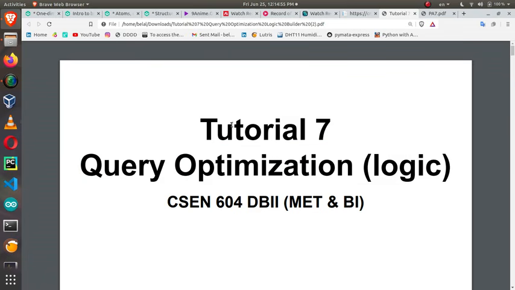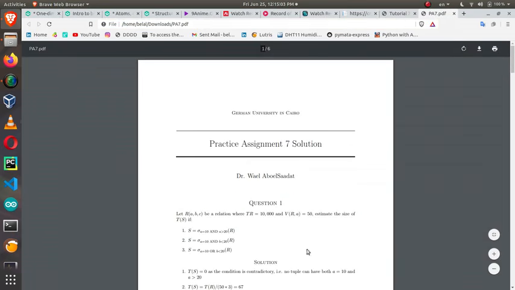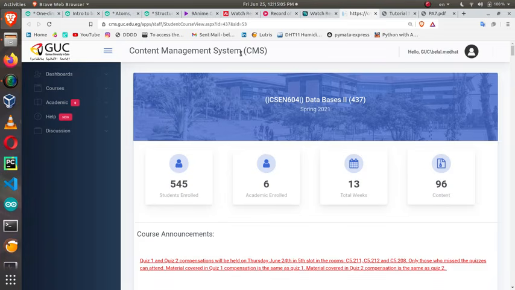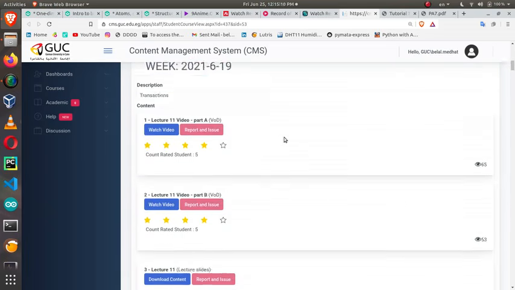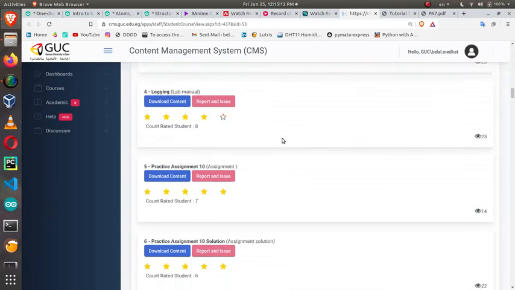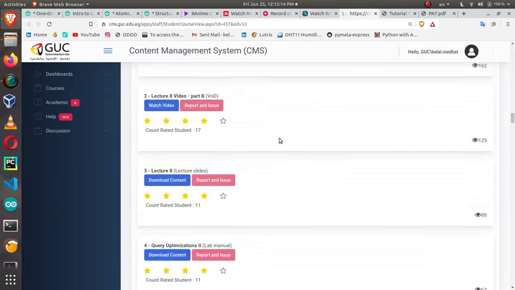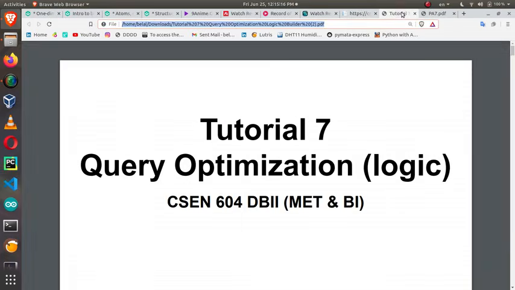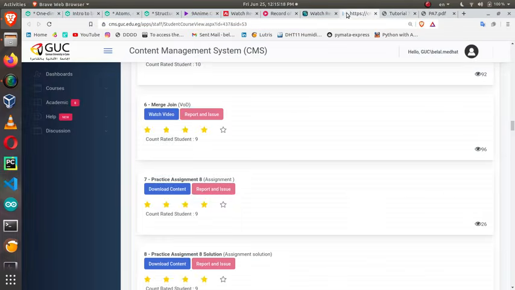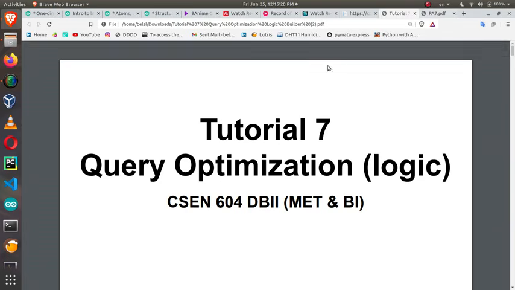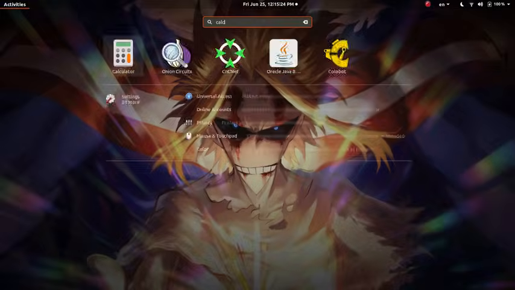So here's the stuff we are gonna need during this tutorial: the tutorial notes, tutorial slides, practice assignment number 7, and our true good friend, the CMS, in case we need anything else from the course material. Okay, so yeah, we need a calculator.